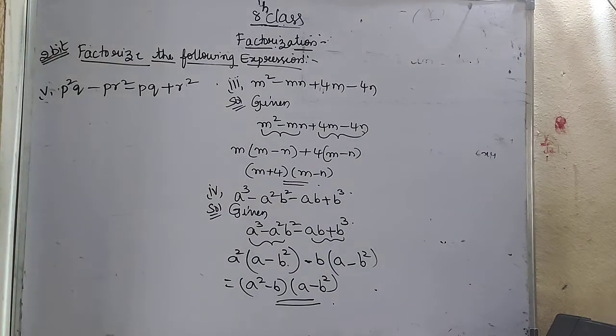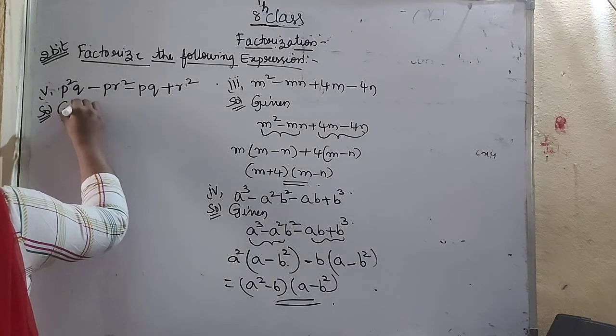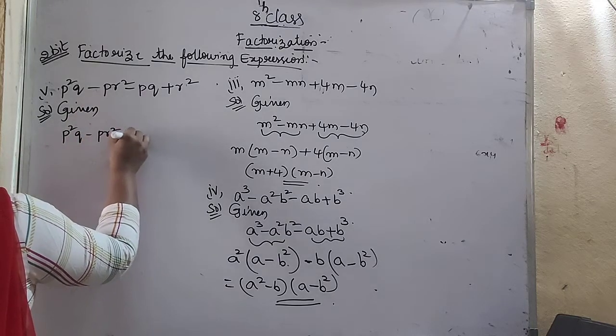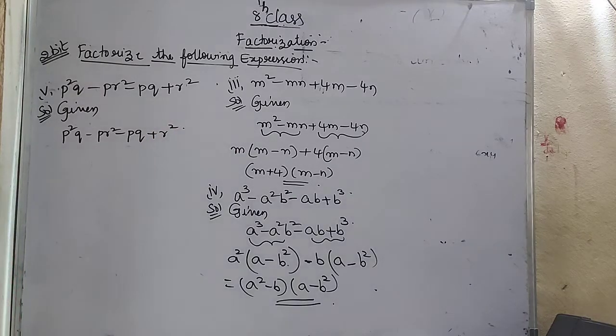So this is the given expression. Now given p square q minus pr square minus pq plus r square. Whether we will get common terms or not, we will see.